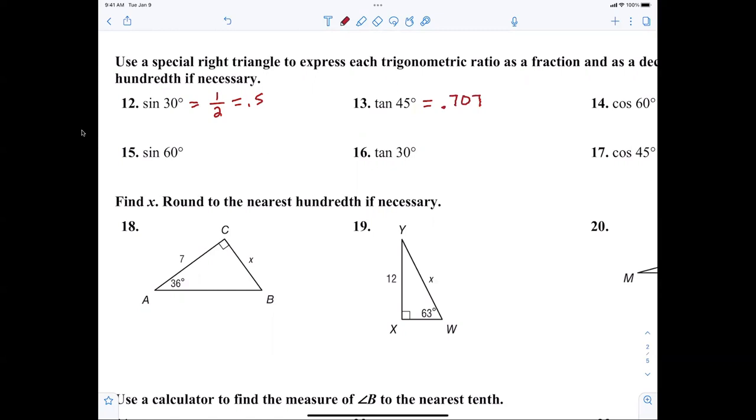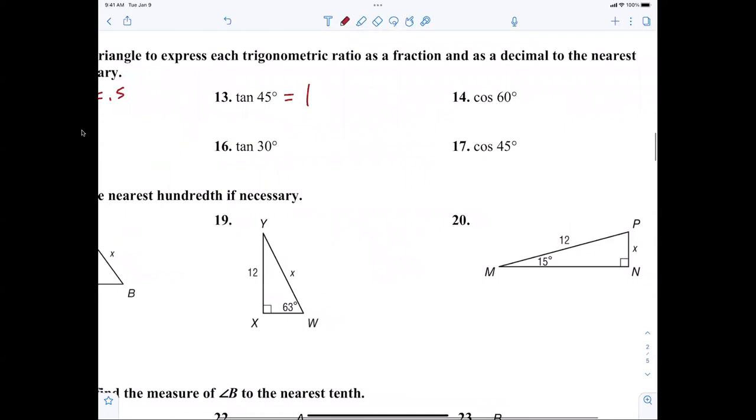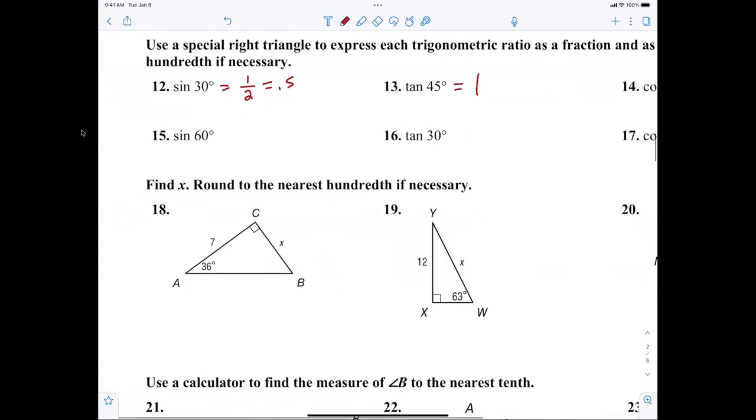Tangent of 45 is 1, correct? Yeah, tangent of 45 is 1. All right. Cosine of 60. Sine of 60. Yes, thank you. All right, so that's just typing it in. All right, let's type it in your calculator.